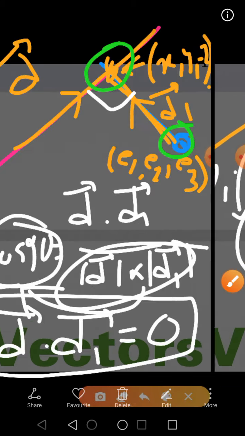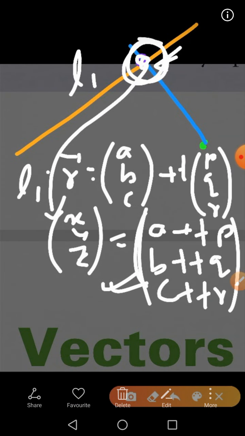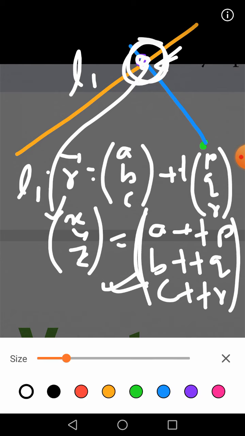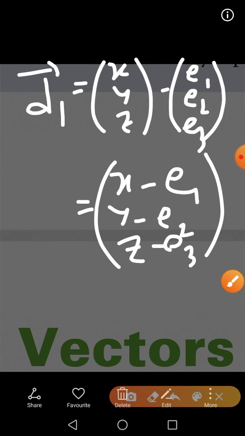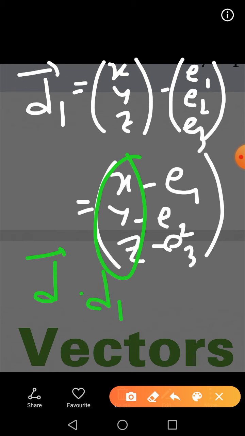Now what was x, y, and z? Do you remember? x was equal to a plus tp, y was equal to b plus tq, and z was equal to c plus tr. Now let's put the values of x, y, and z over here, and then we would apply d dot d1 is equal to 0.